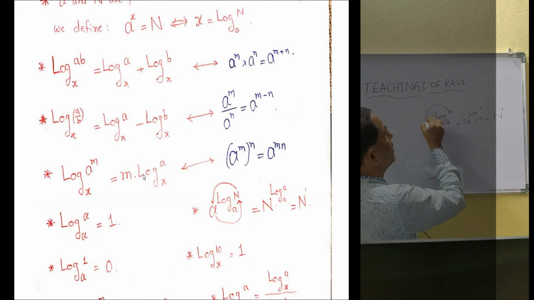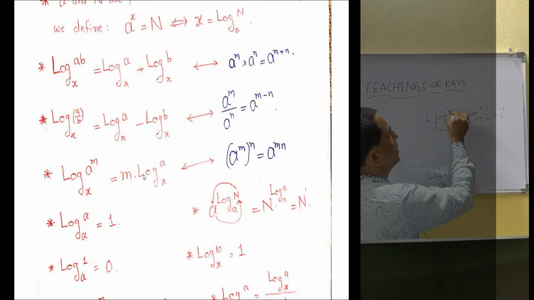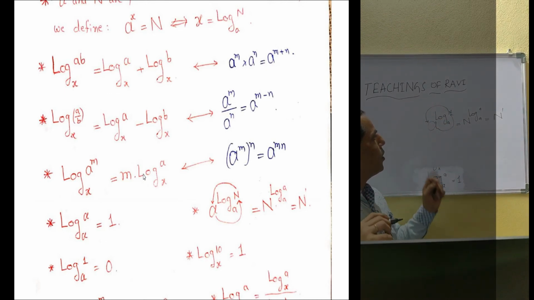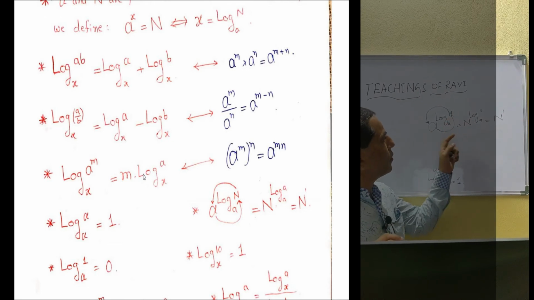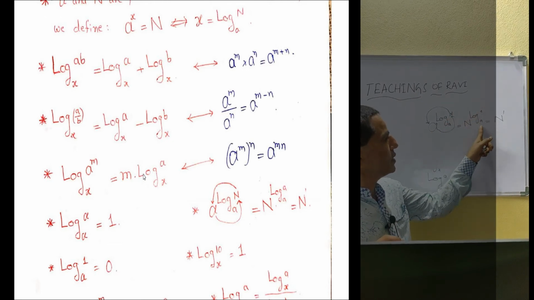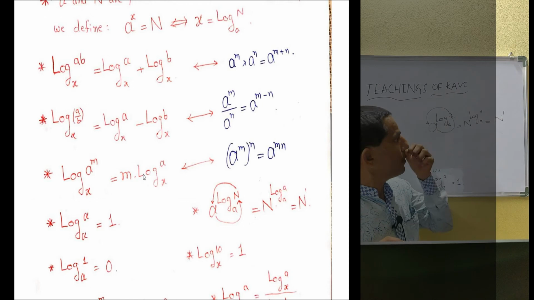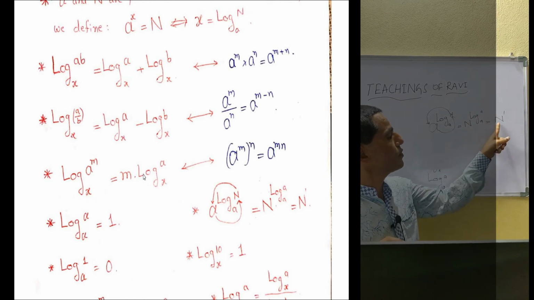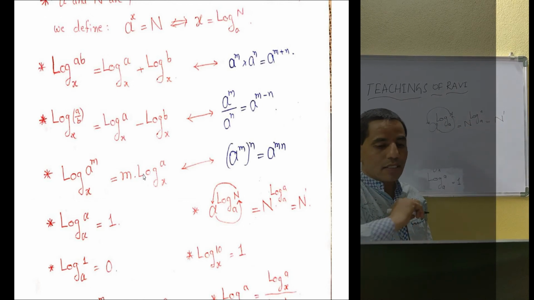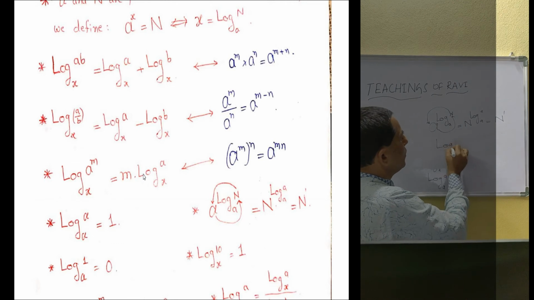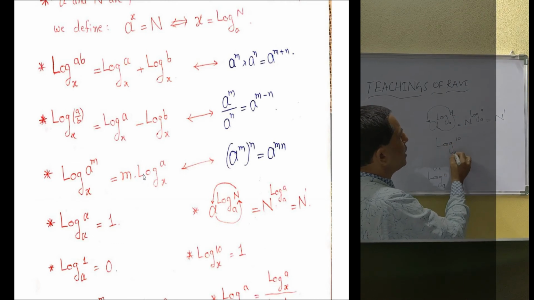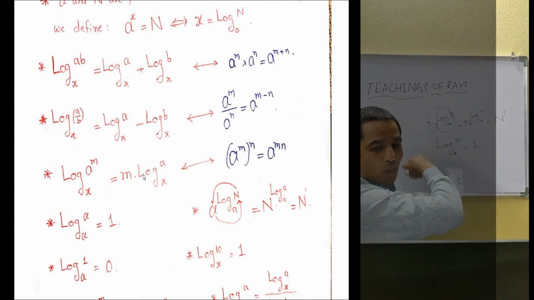Here n comes here and A comes here. Log A base A has value 1, so its value is n. Next, log 10 with any base x is equal to its value 1.